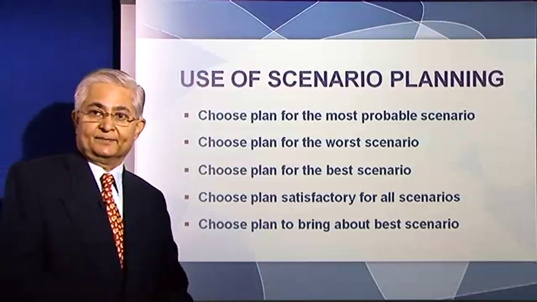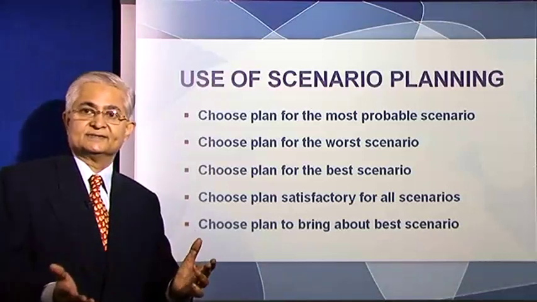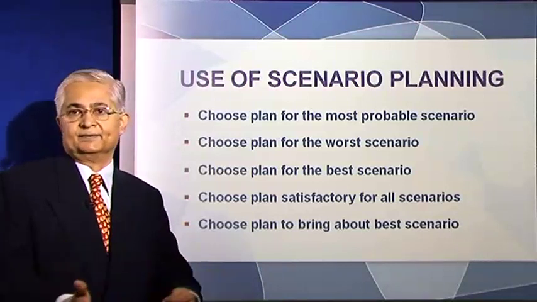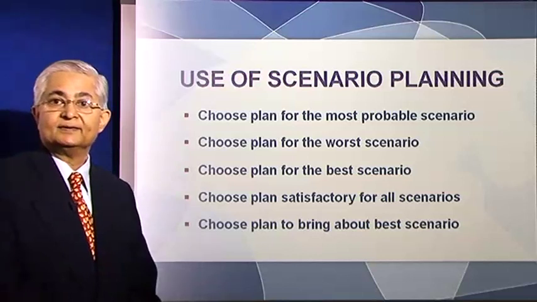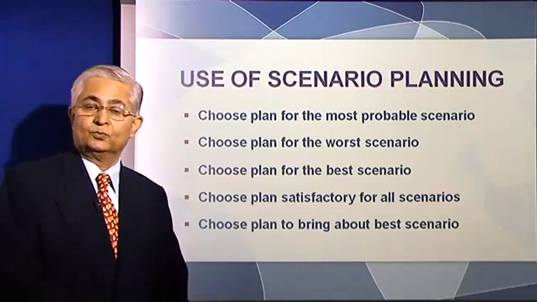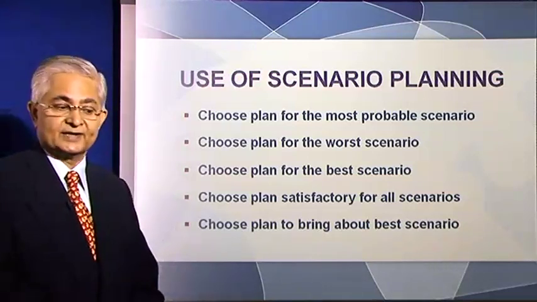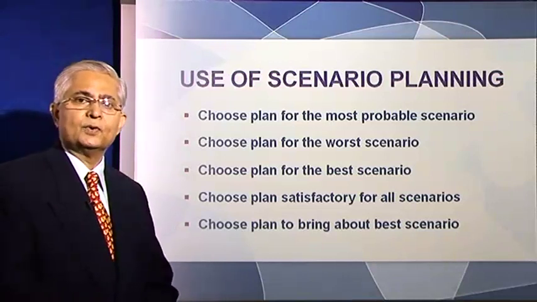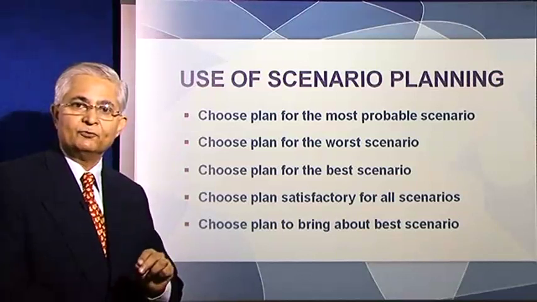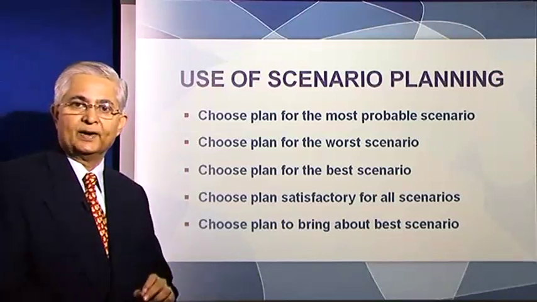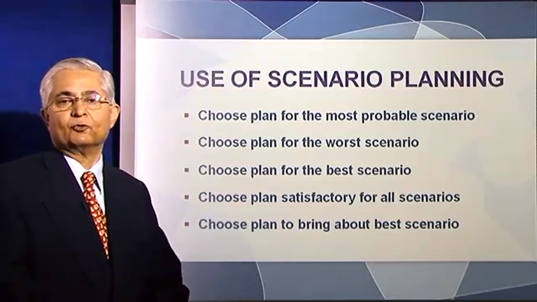instead of waiting for this scenario to unfold and responding to it, the best thing to do would be for the company to actively try and see if it can influence the way in which the scenarios unfold.